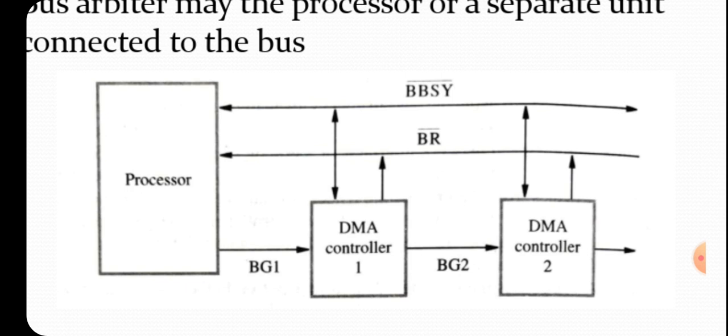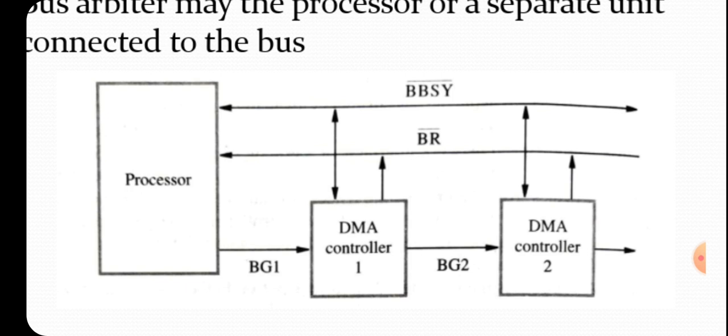The first device receives this bus grant signal, and if that device has a pending bus request, it will accept that bus grant signal and issue the bus busy signal to let other devices know that the bus is busy and the next bus master is DMA controller 1.